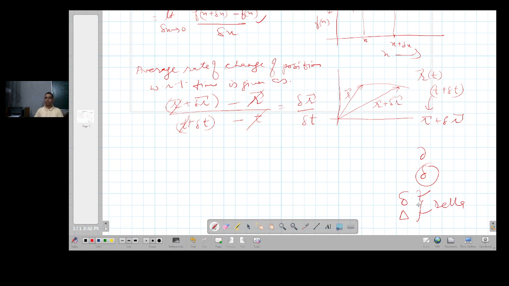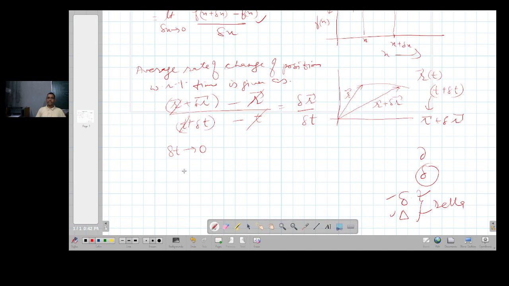So in some books you will get either this way or this way, so it's not a big deal. Both are identical.